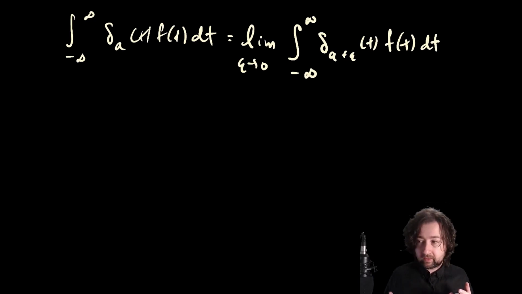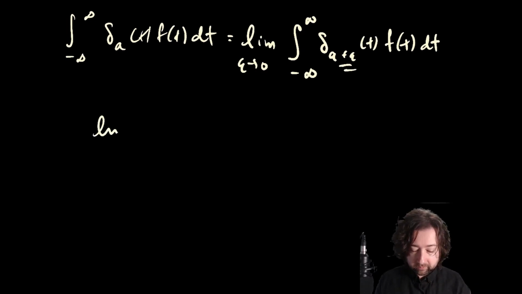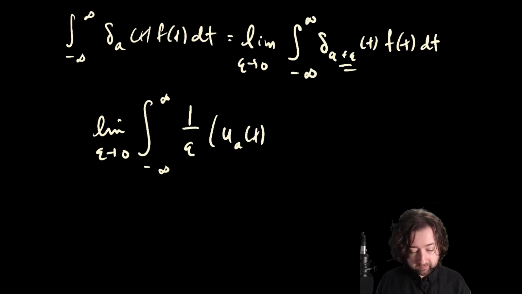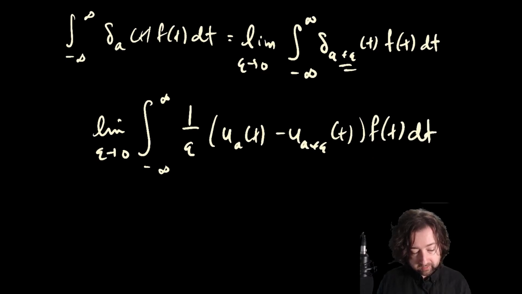Well, that's going to give us an integral that looks like a step function, because this is defined in terms of step functions, right? So we're going to get the limit as epsilon goes to 0 of the integral from minus infinity to infinity of 1 over epsilon times ua of t minus ua plus epsilon of t f of t dt.